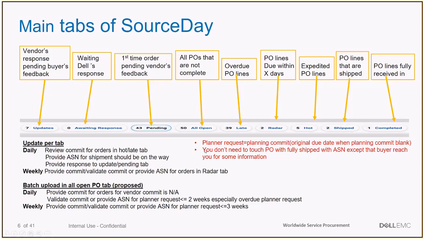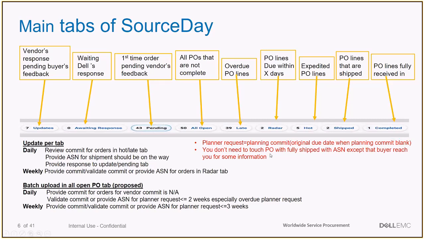So they also have some red characters here. If everything goes smoothly, actually we only have one due date, right? The original due date. This is their request. But sometimes the planner will change their mind. For example, the due date may be 3 months out, but they say, oh sorry, I'm short, I have some COS issue, I want to pull it into next month.